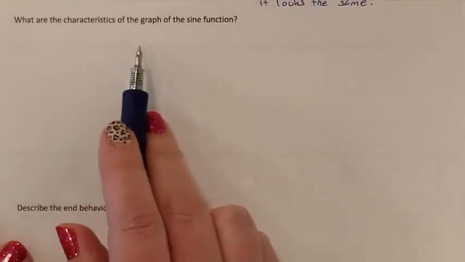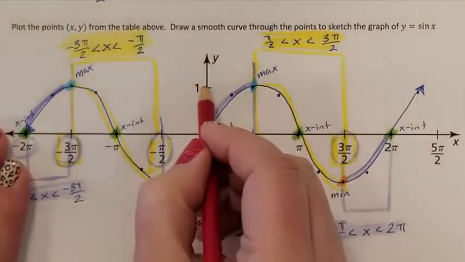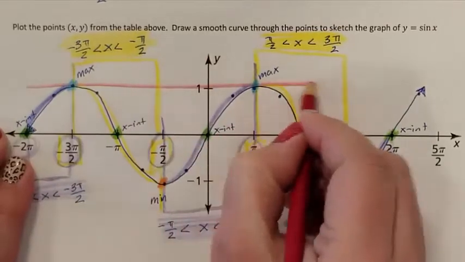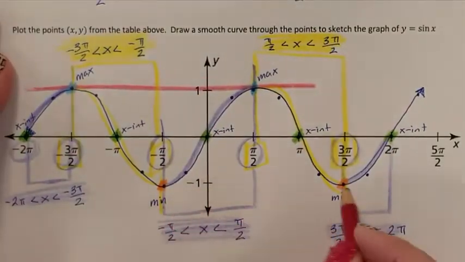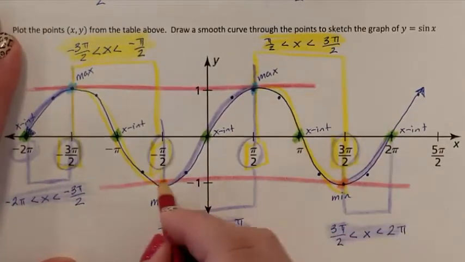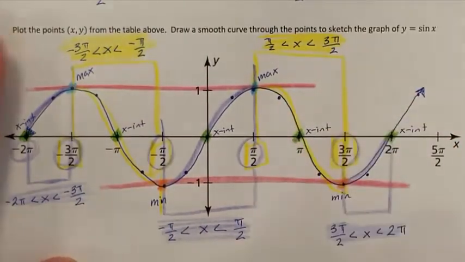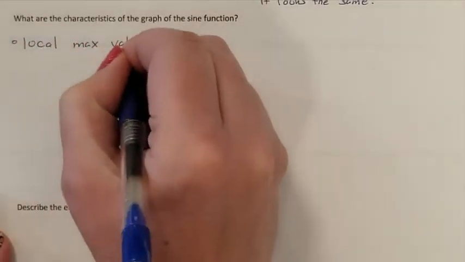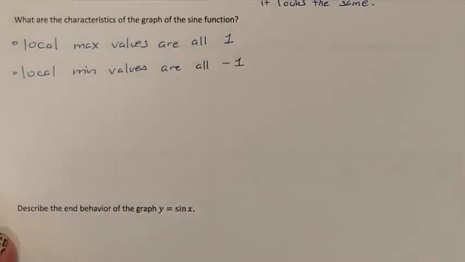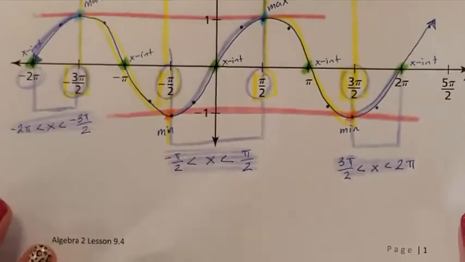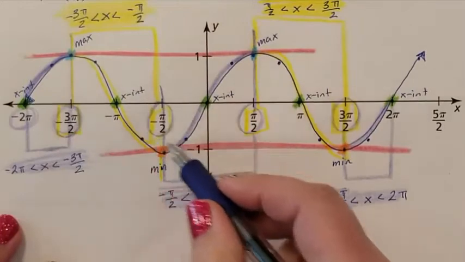Now let's go ahead and review some characteristics of the sine graph. You will notice that all of our max values were always at 1. So the highest point on our graph is always at 1, and our mins are always at negative 1. So sine is always wedged between 1 and negative 1 every single time. Let's look at your sine again. You will notice that it is being repeated.